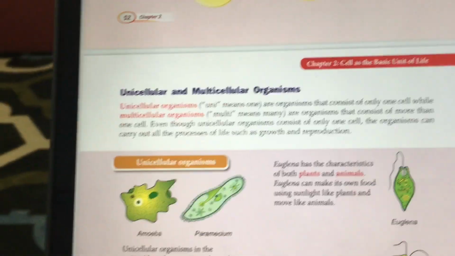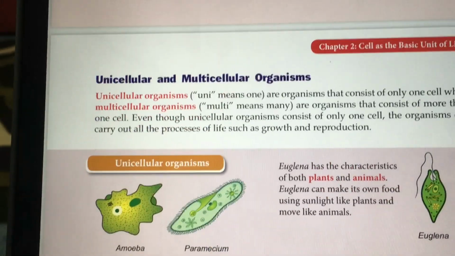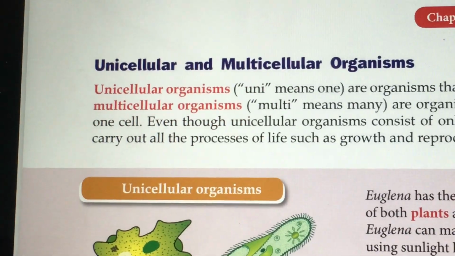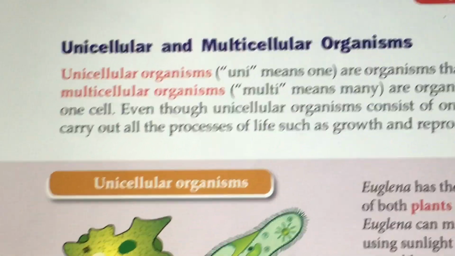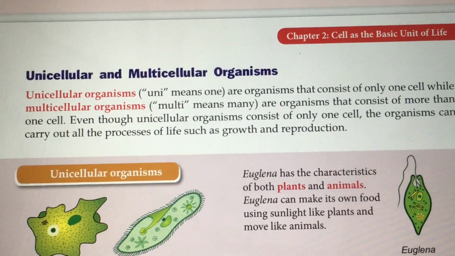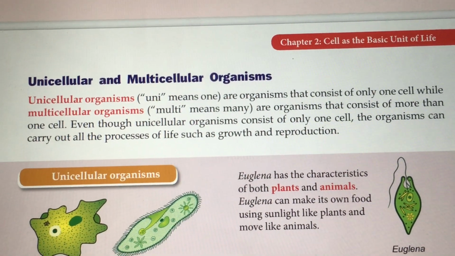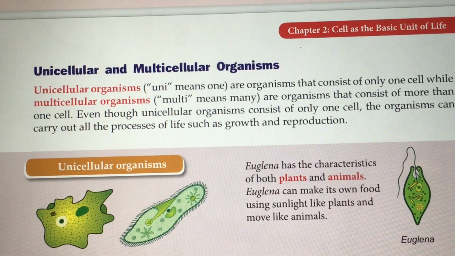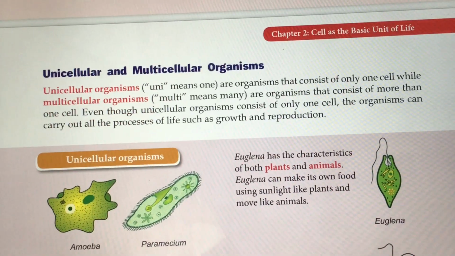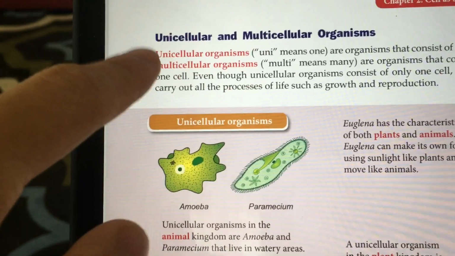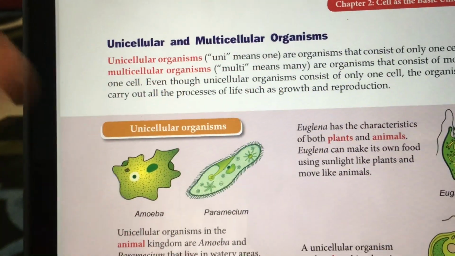Alright, unicellular organisms. Repeat after me. Unicellular organisms. Okay, they are organisms that consist of only one cell, while multicellular organisms are organisms that consist of more than one cell. Okay, uni satu, multi banyak.